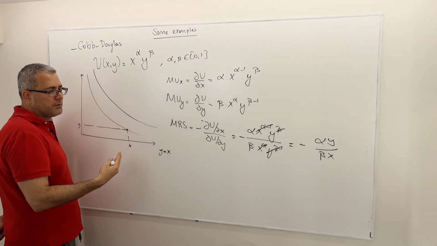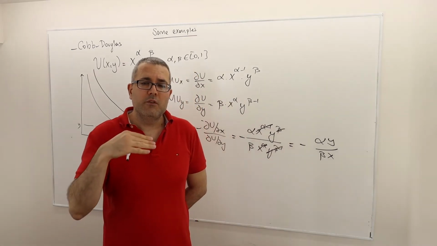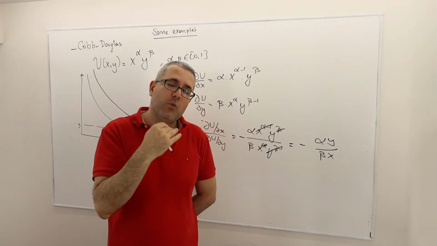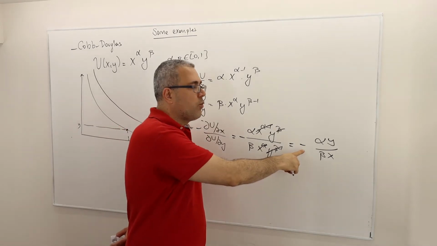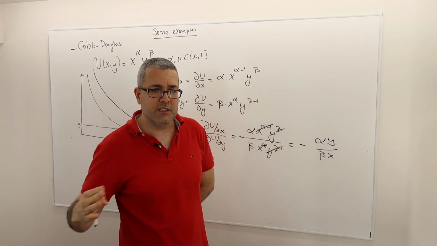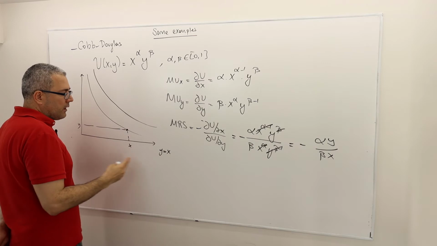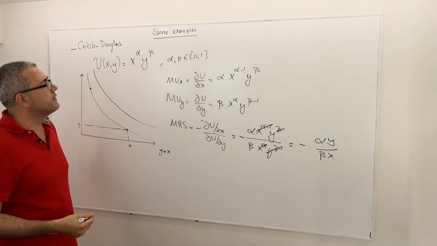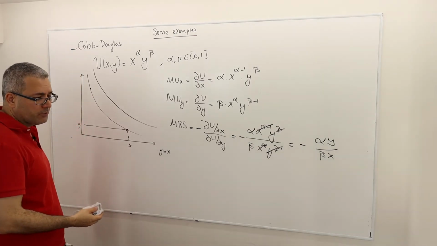But the minus sign basically means if you want to get additional of one good, you have to give up the other. That's why we have this minus, because minus means the slope is downward sloping. But if we are somewhere here, for example, the marginal rate of substitution is different as well. All right, so this is what a Cobb-Douglas utility function and its indifference curve will look like.